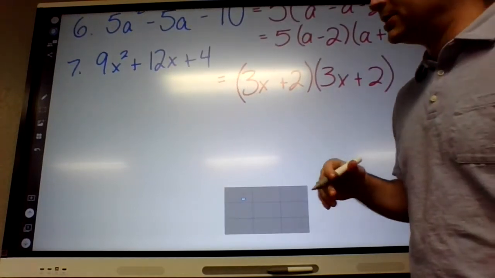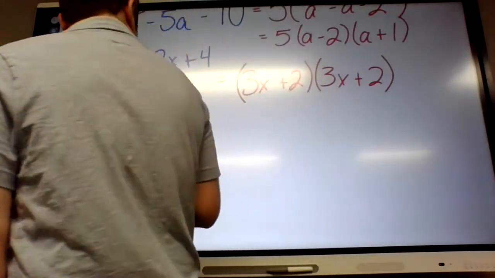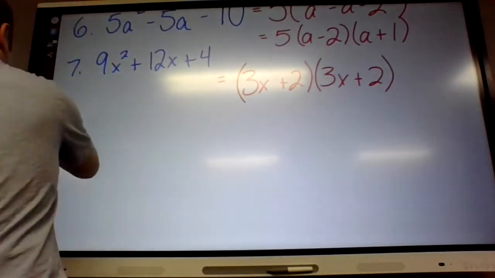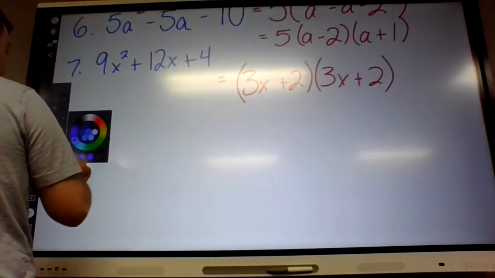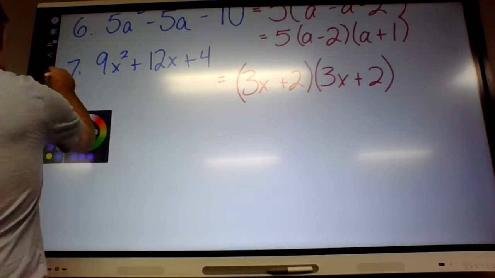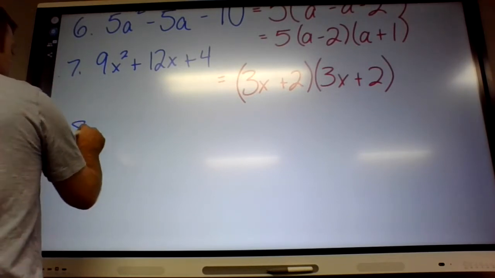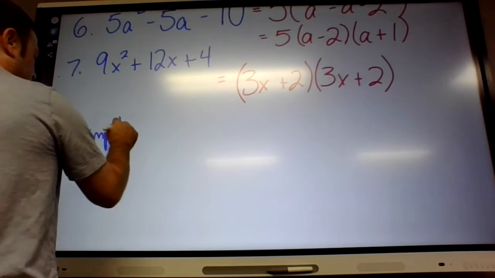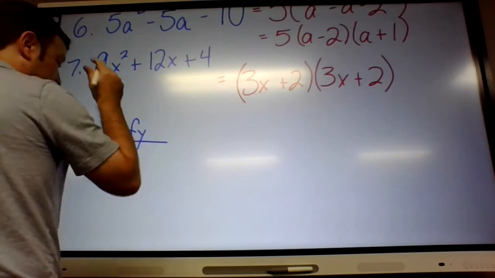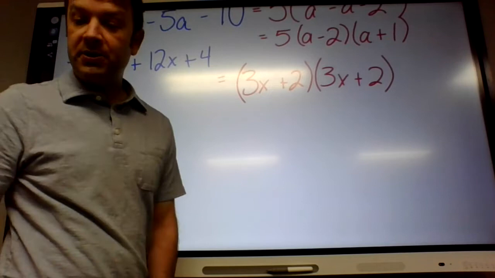Okay, next section is called Simplify. A good calculator can help a lot on this section.